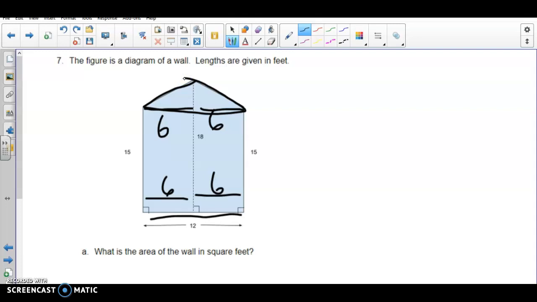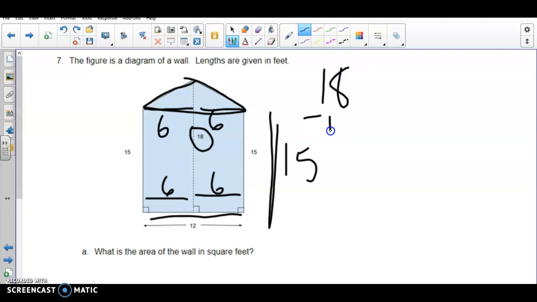Okay, so let's see. If I want to find the triangle, I know the height is 15, and I know the whole thing here is 18. So 15 from 18, let me write that over. 18 take away 15 is 3. So I know that height is 3 right there.